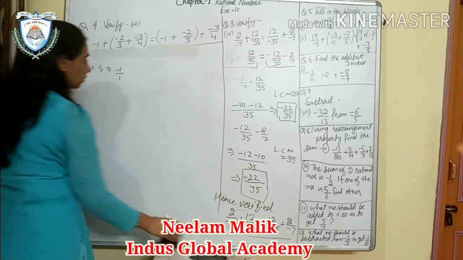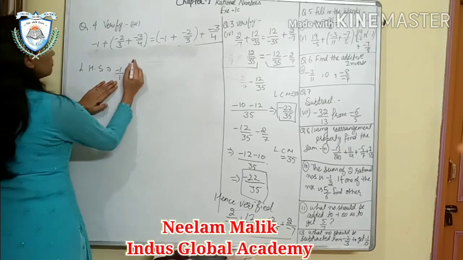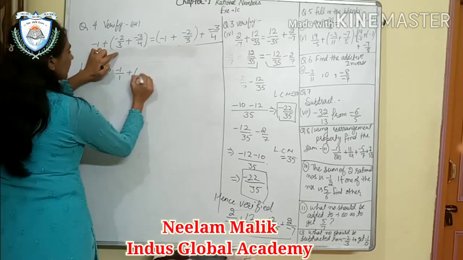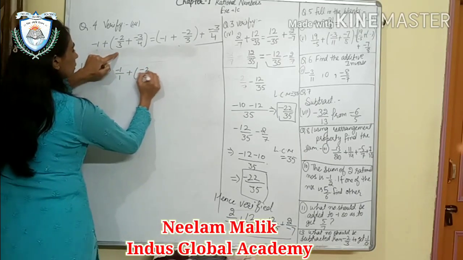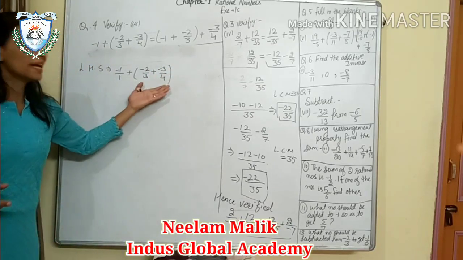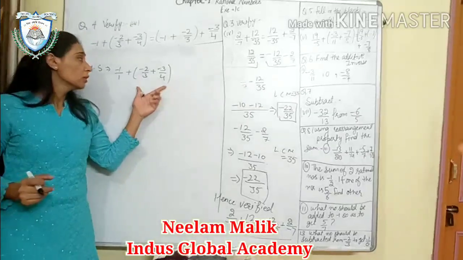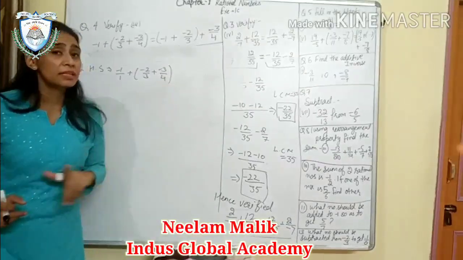So now -1 we can convert into rational number, plus bracket start -2/3 plus -3/4. This bracket means first we have to solve whatever is given inside the bracket.